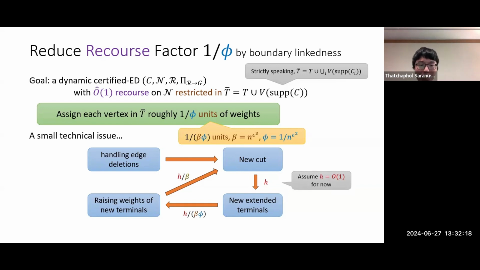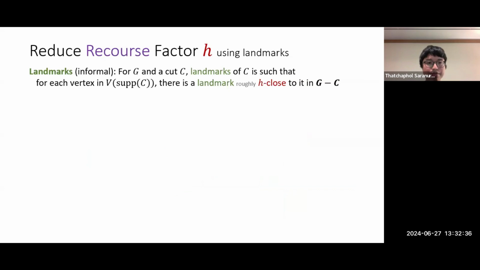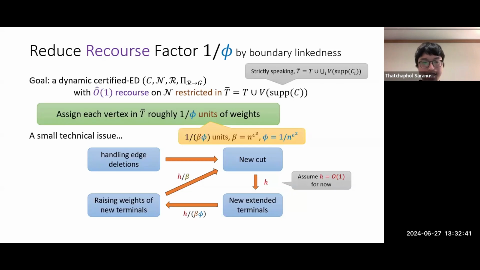The new cuts will bring constant extended terminals, and extended terminals will bring 1/β5 new weights. And then these new weights will bring 1/β new cuts. So this process will finally converge. Okay. And roughly, this is how we deal with the recourse 1/5.